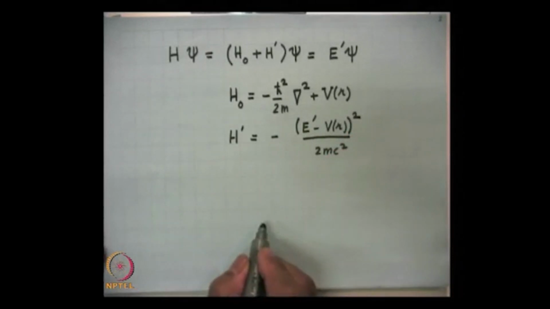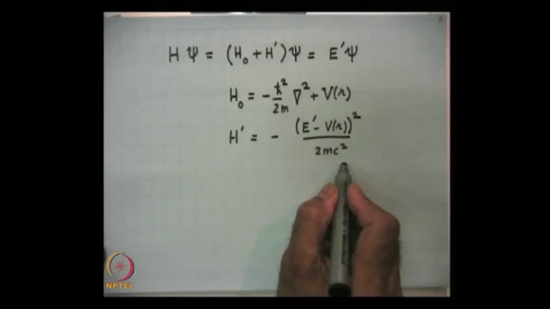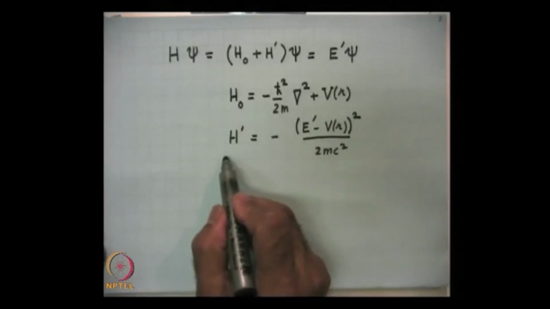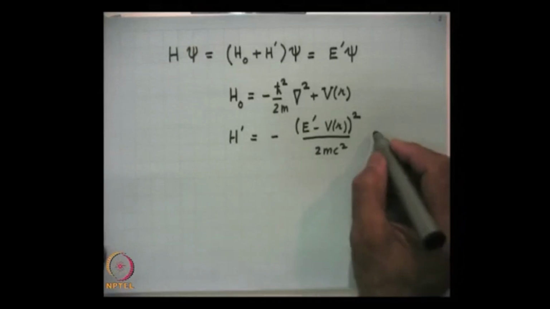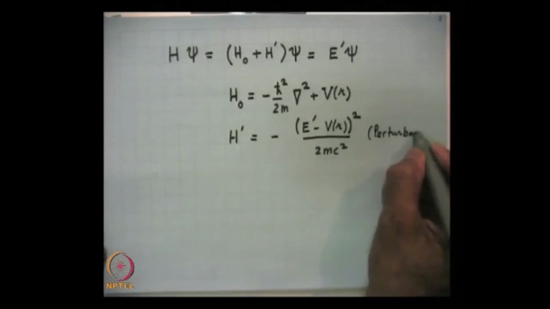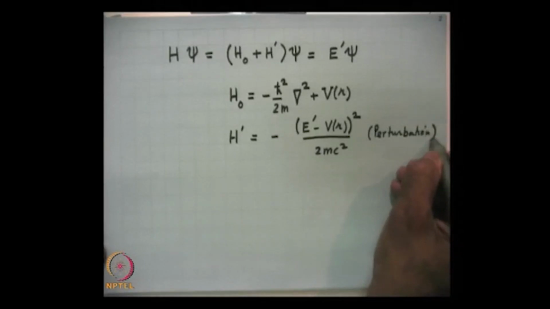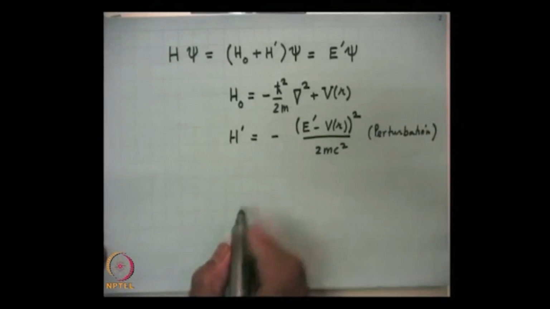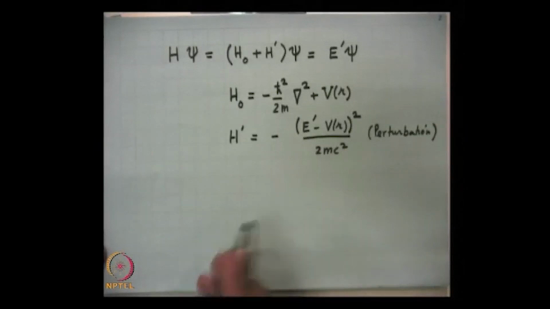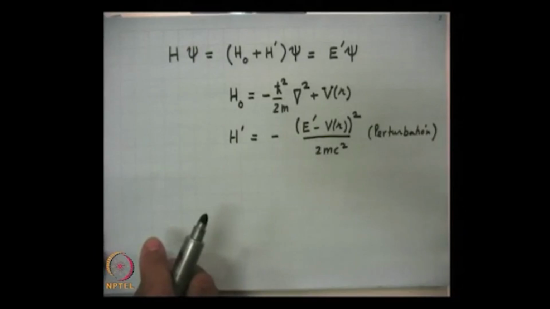So, this was the Hamiltonian, and we will take H prime as a perturbation and use the perturbation theory to calculate the effect of the term H prime on the energy eigenvalues.